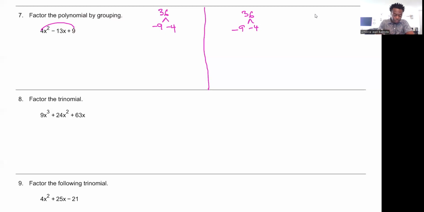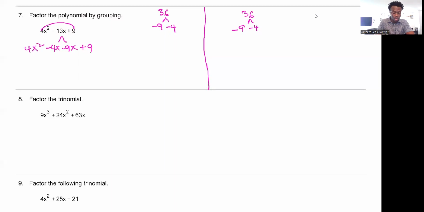Okay, so here, the first one, you can do it by grouping. We come here with the two factors. We break the middle term down as negative 4x minus 9x, which is still negative 13x, and then plus 9, drop down, and then drop the 4x squared down.